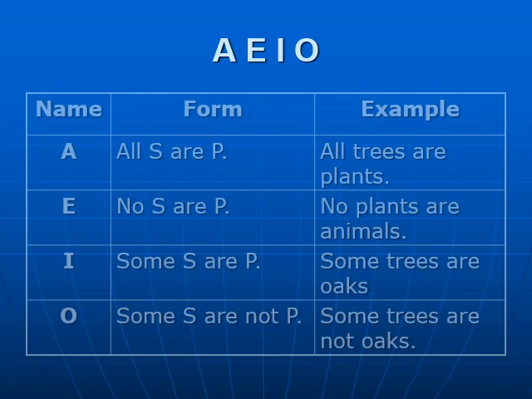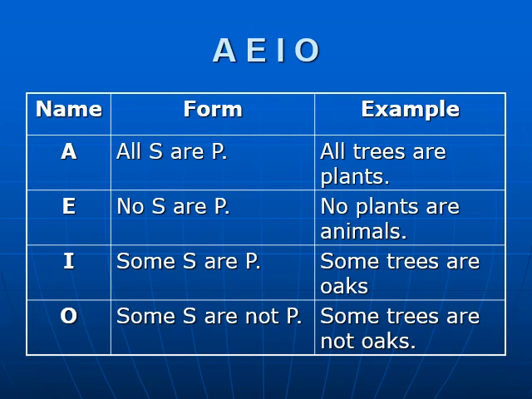And there are these four basic kinds of categorical statements. Using S for subject and P for predicate, you can say an A statement is all S are P, with an example, all trees are plants. You've seen that example before. An E statement is no S are P. No plants are animals, for example.